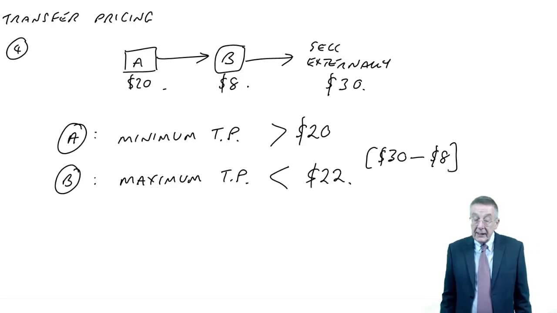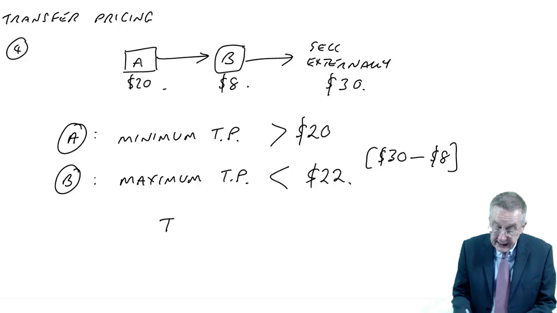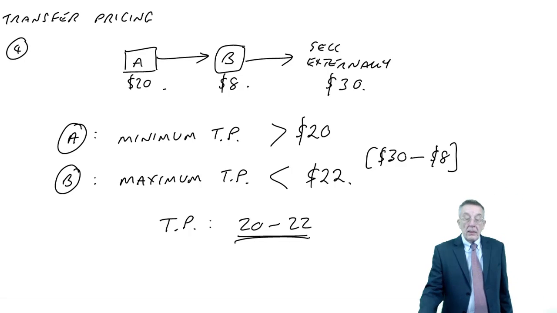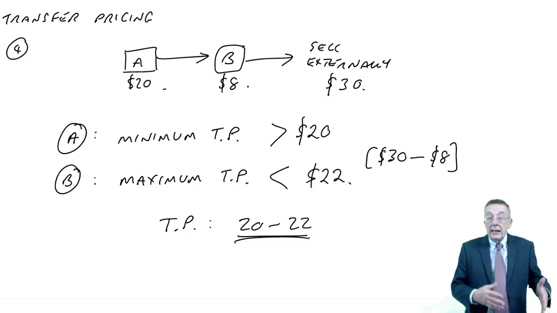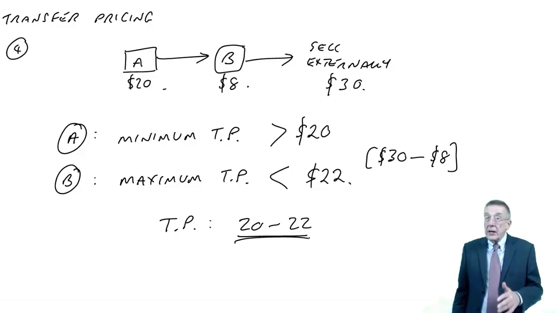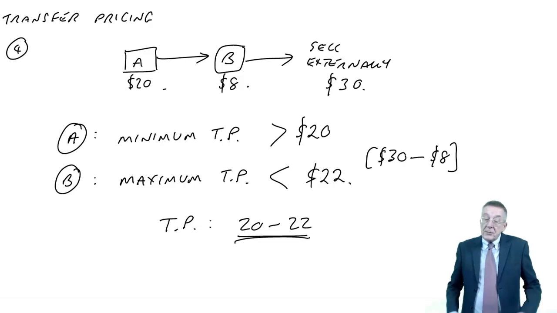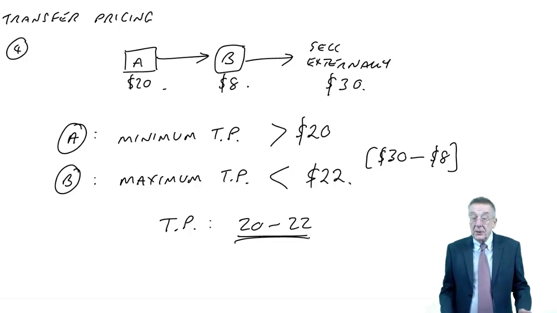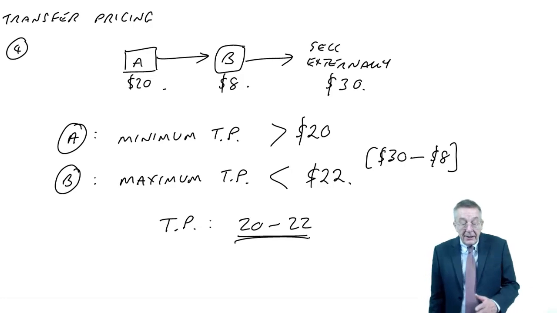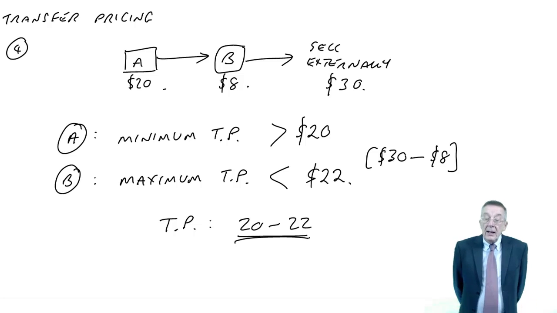And so the transfer price will have to be in the range 20 to 22. And here you see it's rarely a question of coming up with a fixed transfer price. It's a range. Whatever transfer price we end up with, it must be somewhere between 20 and 22. Let the managers argue between themselves if you want. But anything between 20 and 22, A will be motivated to produce, B will be motivated to buy.